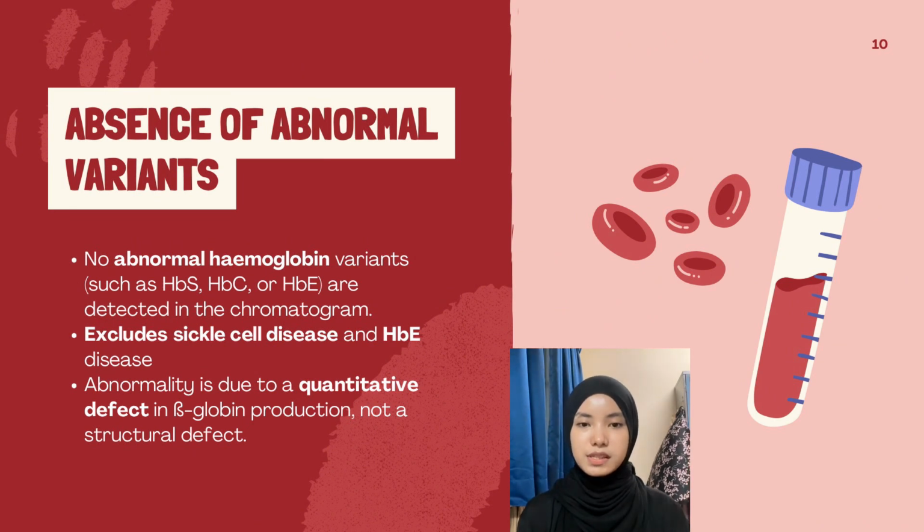The absence of these variants confirms that the anemia is not due to a structural hemoglobinopathy, but rather a quantitative defect in globin chain production, specifically beta globin. This reinforces the diagnosis of beta thalassemia trait, which is a production issue and not a structural mutation.